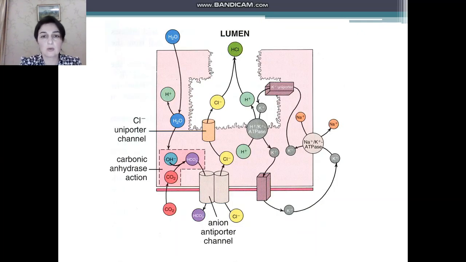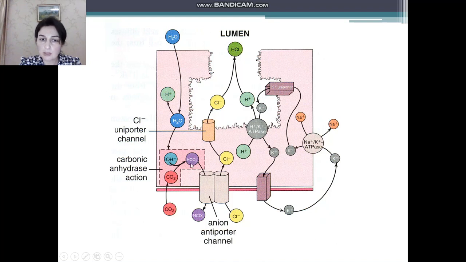Now let's look at how the parietal cell produces hydrochloric acid. First of all, the parietal cell has the carbonic anhydrase enzyme. This enzyme will catalyze the formation of carbonic acid from carbon dioxide and water. Then the carbonic acid dissociates into bicarbonate anions and H protons.